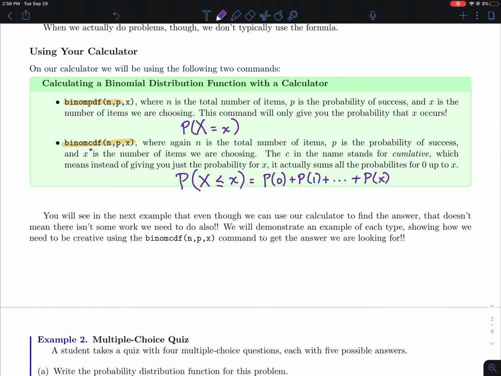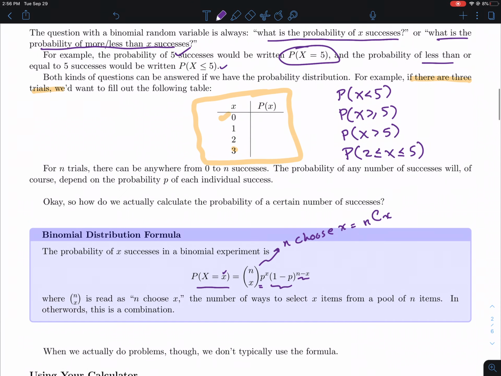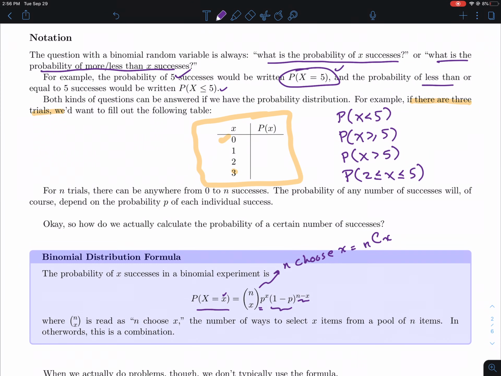If you notice, from above we had a couple different inequalities that we were going to work with. That tells us the first two in our chart are taken care of right away, because binomial PDF will always deal with this kind, and binomial CDF will always deal with that kind.